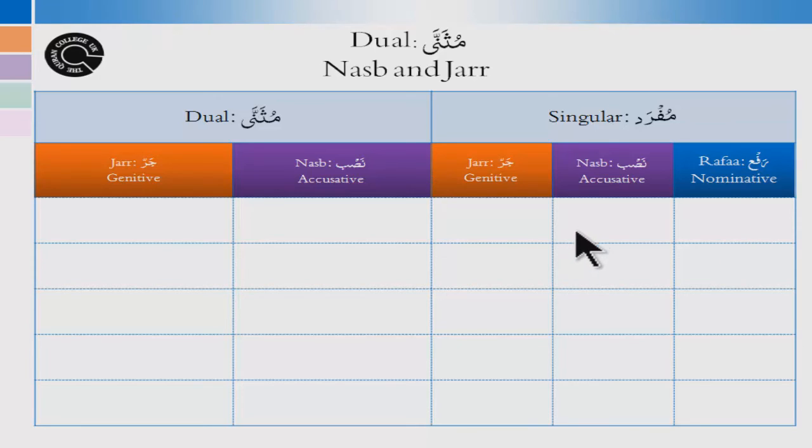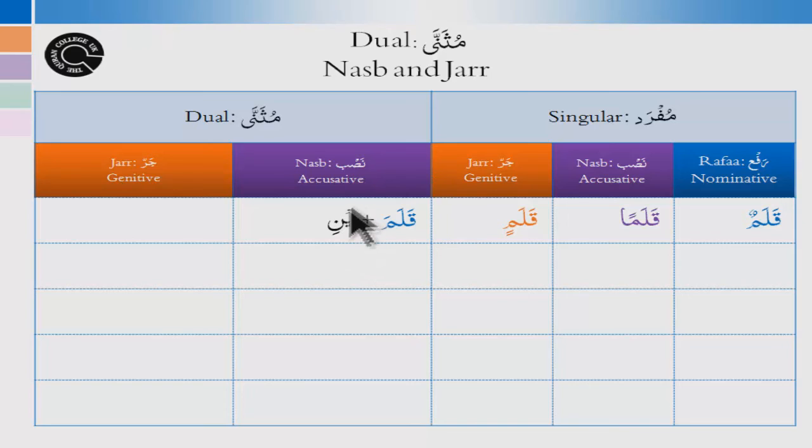So let's take here kalamun, and when it goes into nasab, that is kalama, and in jar, kalamin. That's the singular case. Then the muthanna case: you've seen kalamun was kalamani, so you change it to kalama. If you want to put it in a nasab case, that's still kalama, but the ya with sukun and nun with kasra would come.